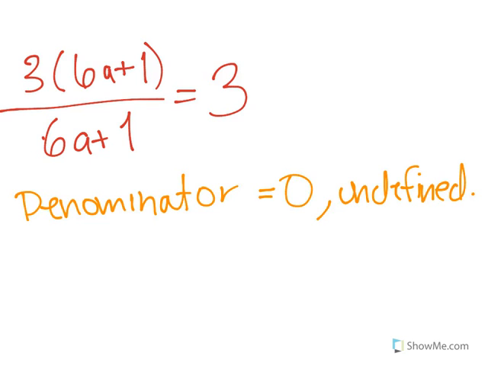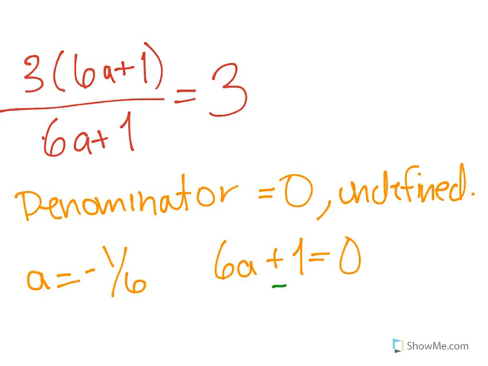So if a is equal to negative 1/6, and that was concluded after finding the zero of the denominator, so let's just work this out. We can subtract 1 from both sides. 6a is equal to negative 1.